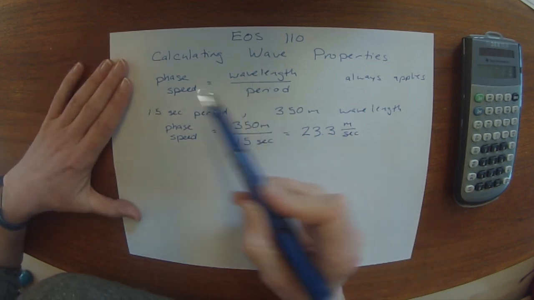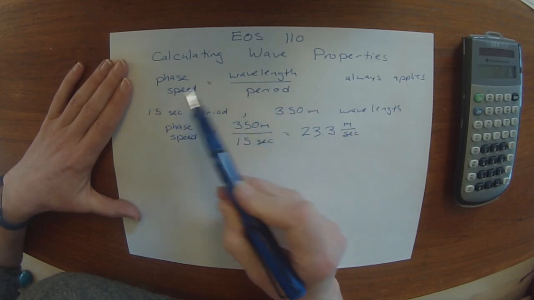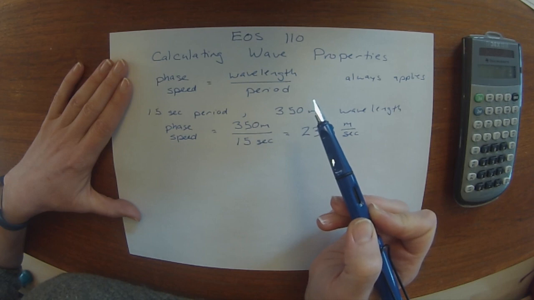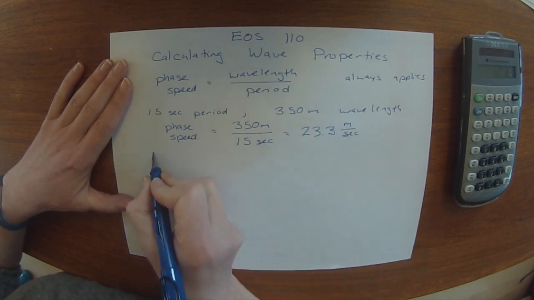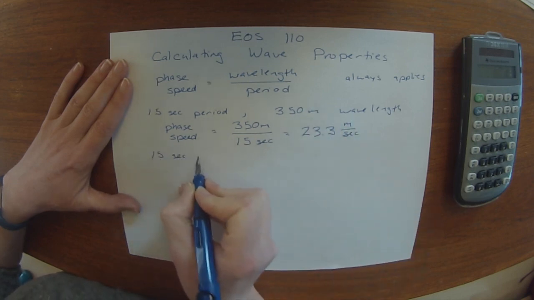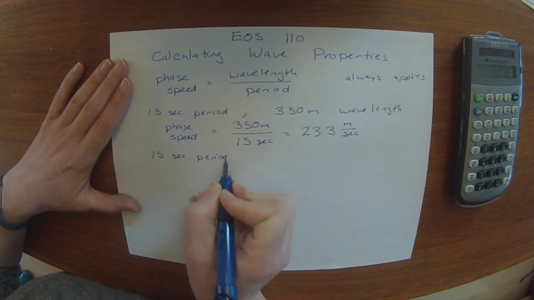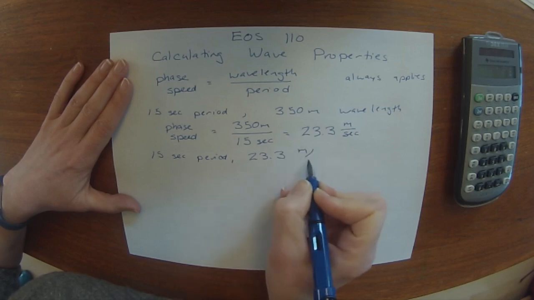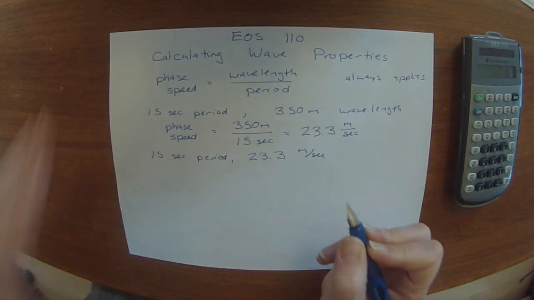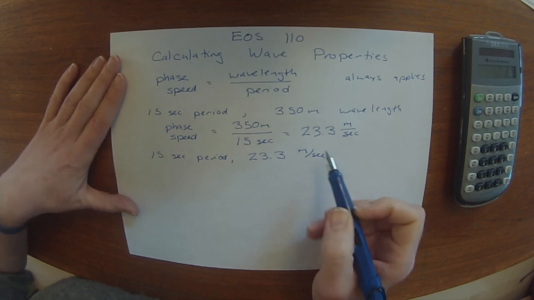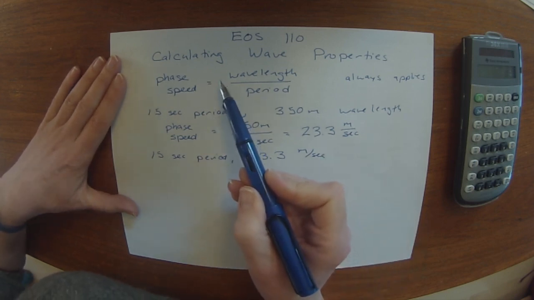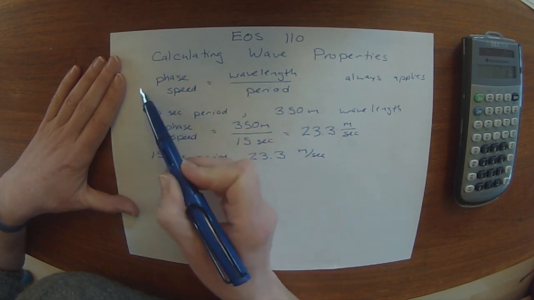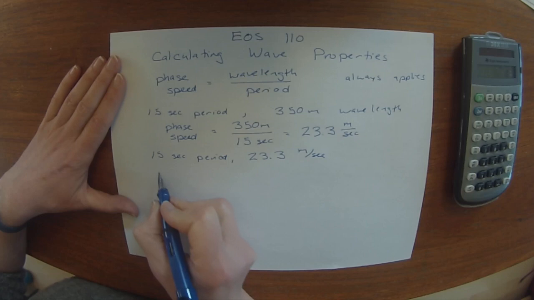Well, really if we know any two of speed, wavelength, and period, we can calculate the third one from this equation. So let's do a couple of other examples. Let's say we knew the period, 15-second period again, and we knew its speed, 23.3 meters per second, and we wanted to calculate the wavelength. If we come back to this equation, we can see that if we bring period out from the denominator and multiply it over here instead, we'll be able to solve for wavelength.